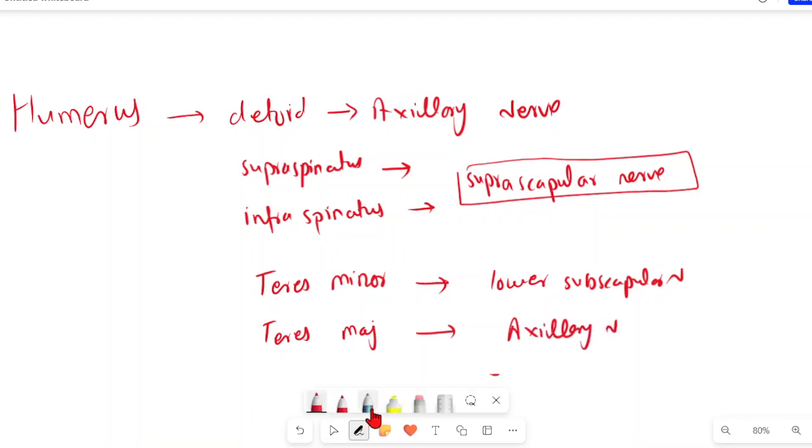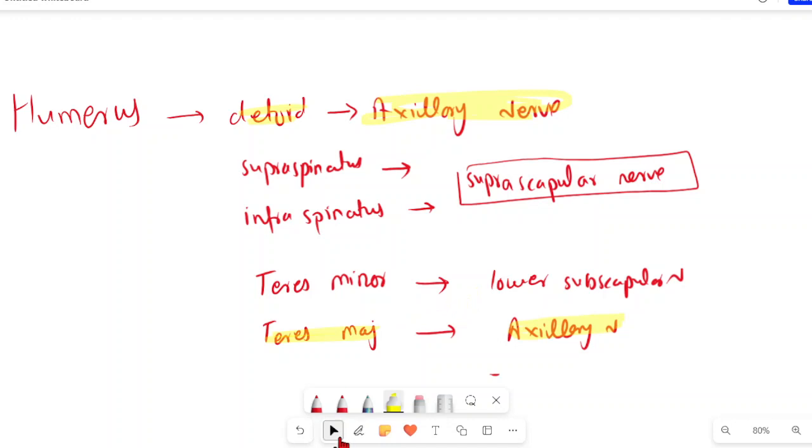So you have to remember that deltoid and teres minor are supplied by the axillary nerve.